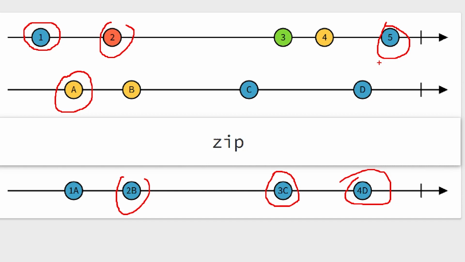What we can conclude from this marble diagram is that until there is a value from all the observables, it wouldn't emit. Even though 1 came up, the value wasn't emitted because it was waiting for the second observable to emit a single value. If there were more values, let's say a 0 over here, that 0 would be ignored.